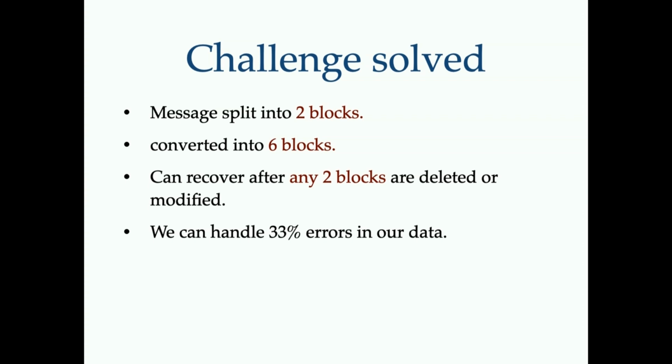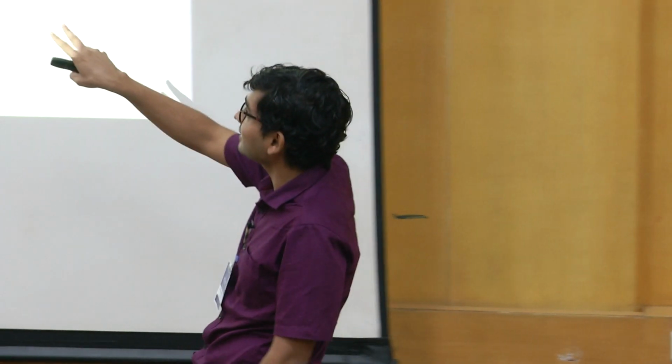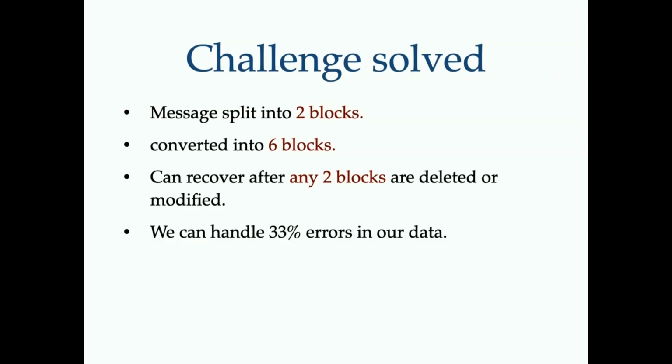These are big blocks, so it could happen that one bit from each block gets corrupted. I have not really solved the challenge, I am just kind of fooling you here. What I am guaranteeing is that any 2 blocks I can handle, but what if one bit from each of the 6 blocks gets corrupted? Then how will I recover? I have no way of recovering.